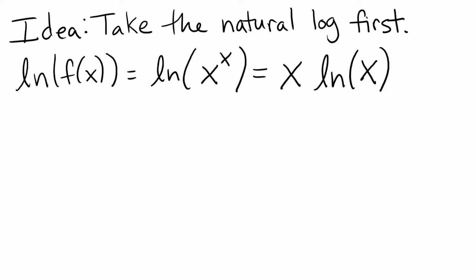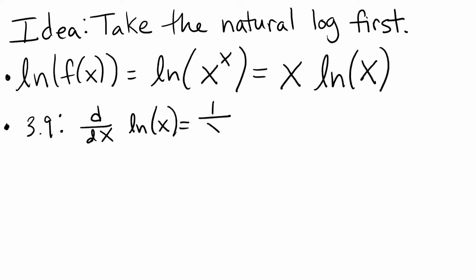Notice that I said take the natural log first. We're still going to differentiate. So the first step was that we took the natural log, and now on the second step, we're going to differentiate. Here in 3.9, the same section, we learned that the derivative of the natural log function, ln of x, is 1 over x.